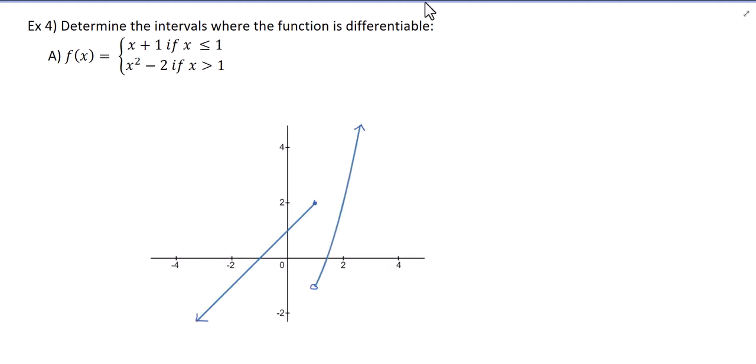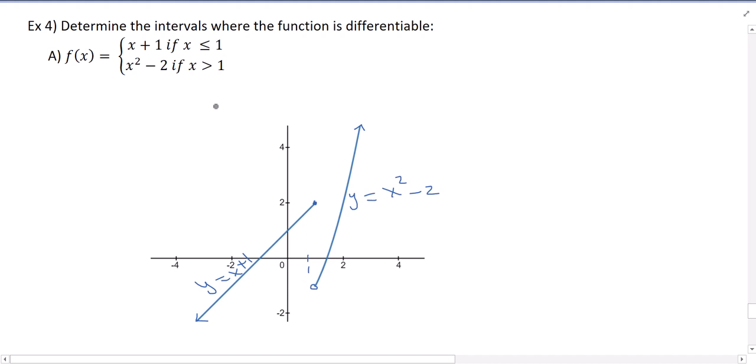So when we graph, when x is less than or equal to 1, we look like the line y equals x plus 1. So that's this line, y equals x plus 1. And when x is greater than 1, this is our 1 here, we look like the quadratic. So this is y equals x squared minus 2. Notice that we have a discontinuity there.